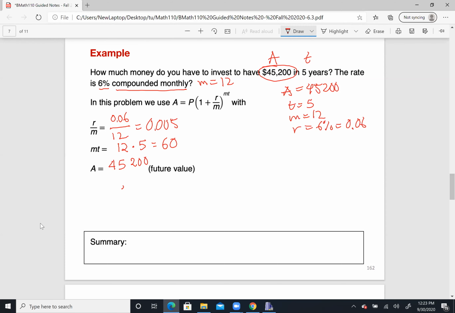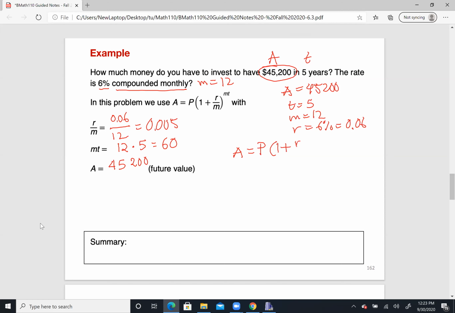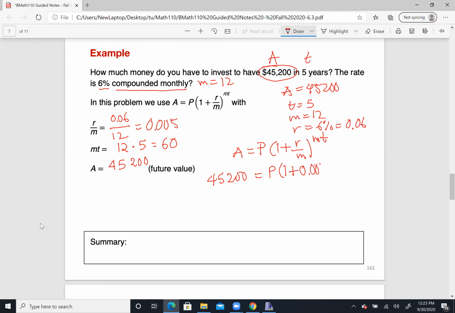Let's write out the formula: A equals P times (1 plus R over M) to the power MT. Substituting, A is 45,200, and P we don't know, so put P. Then 1 plus R over M is 1 plus 0.005, to the power MT, which is 60.